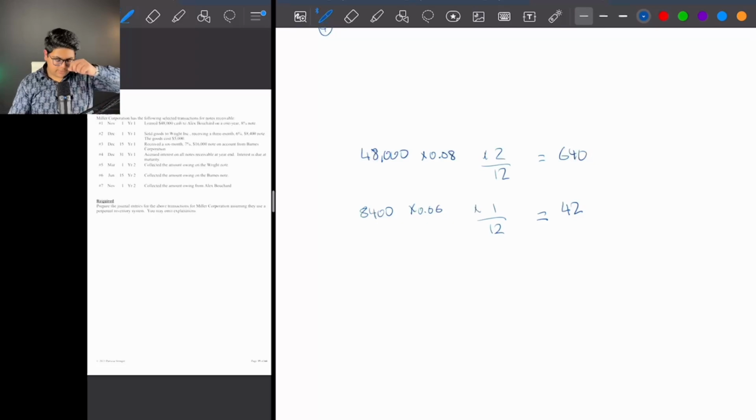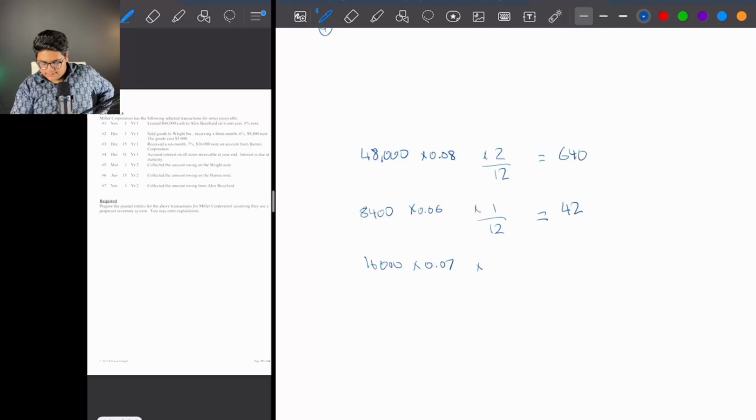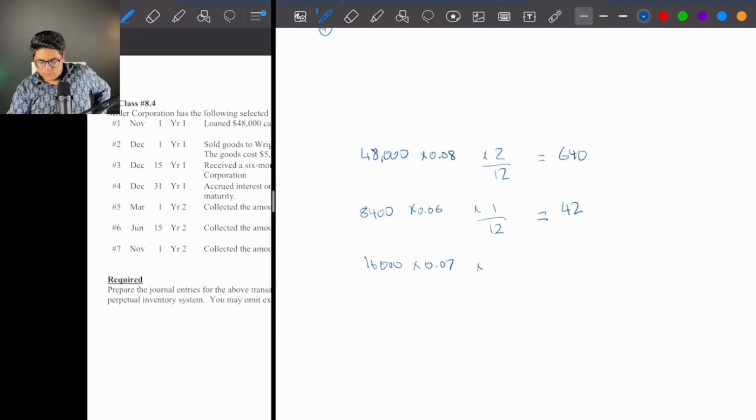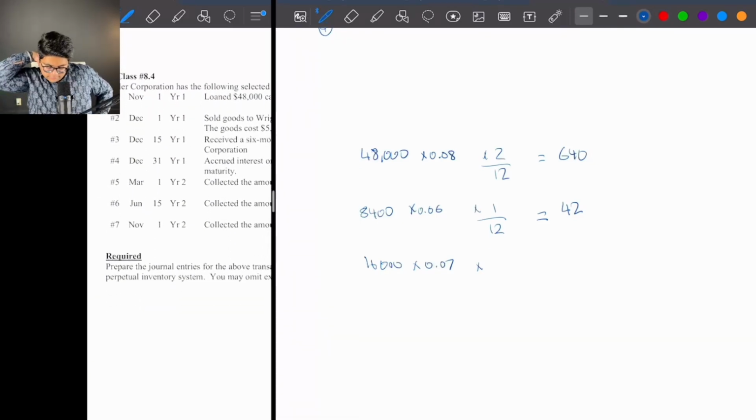And then lastly, we have that $16,000 note. This was at 7% interest, times 0.07. Now here's something that's a bit tricky. If you look over here, we loaned this note on December 15th. That's only 2 weeks to December 31st. In an exam, it would be better numbers.